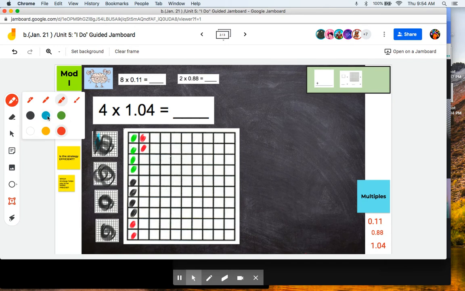So I need one more group of 4 hundredths. 1, 2, 3, 4.